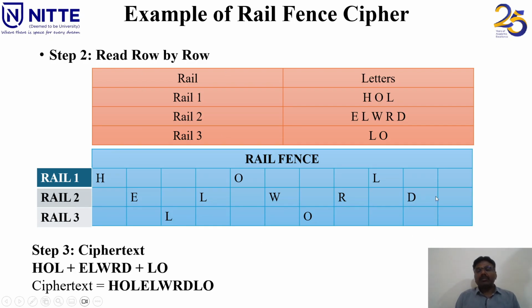Once we are done with this table, the first rail, the first row, I read as H, O, L. The second rail elements are E, L, W, R, D, and the third rail values are L and O. Now I represent all 3 rows' elements in a single row, so we get the ciphertext: H, O, L, E, L, W, R, D, L, O. This is how we get our ciphertext from representing the zigzag pattern and reading afterwards row by row.